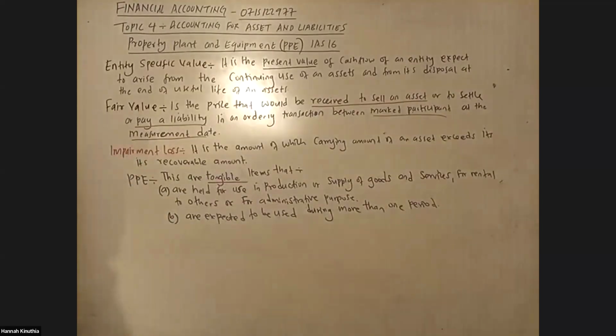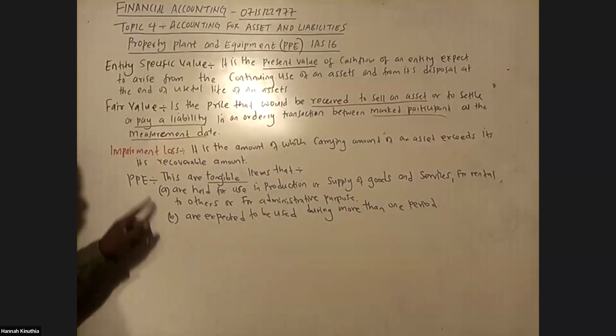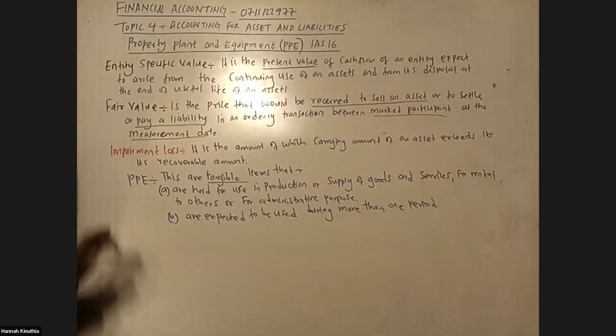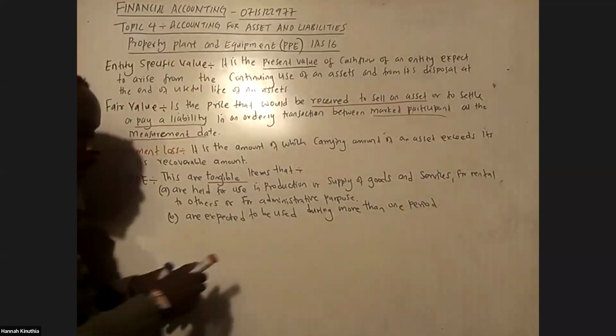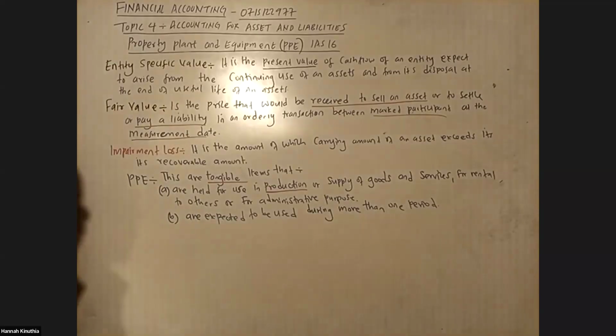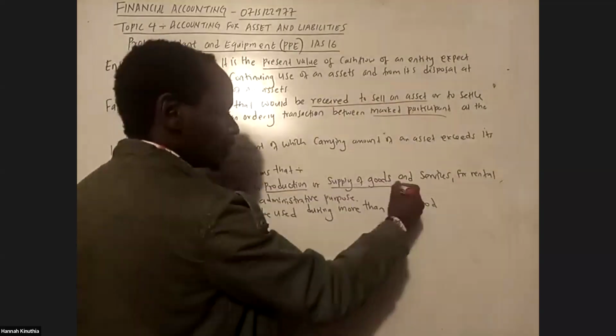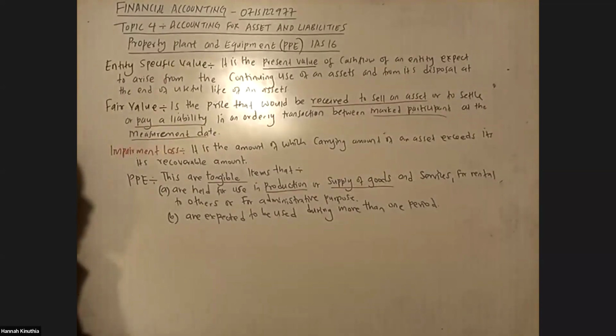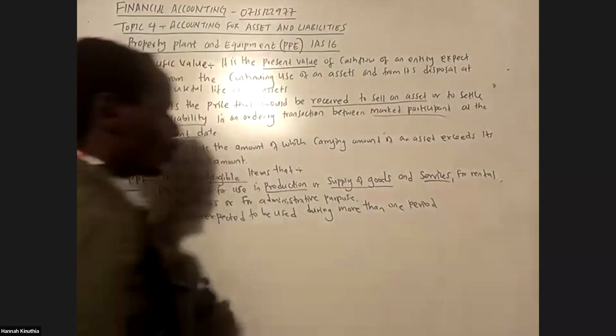So when you are told to define a PPE in an exam, make sure it has the two definitions. Number one, so make sure you put the way nimeandika hivi. So PPE are tangible assets that, number one, they are held for use in production, meaning they are used in production of goods and services so that you can sell those goods. Number two, they can be used to supply goods and services. For example, a motor vehicle can be used to supply goods and services, or for rental.